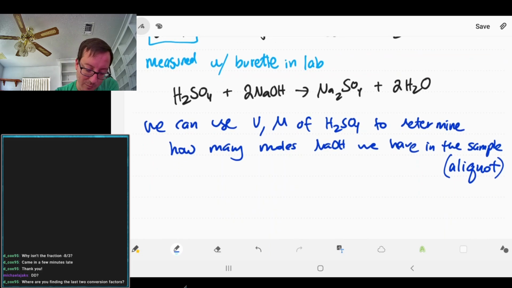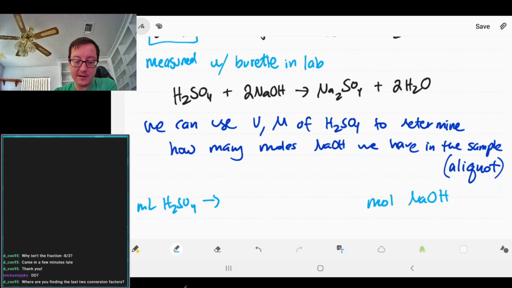So if we're looking for moles of NaOH, and we're starting with, I guess, milliliters of sulfuric acid, we just need to work through it, right? We know in order to go to moles of NaOH, we have to have moles of sulfuric acid. We can only do it moles to moles. We have to go from moles of one substance to moles of another substance. There's no other way to go from anything about sulfuric acid to anything about sodium hydroxide. We have to go through moles.